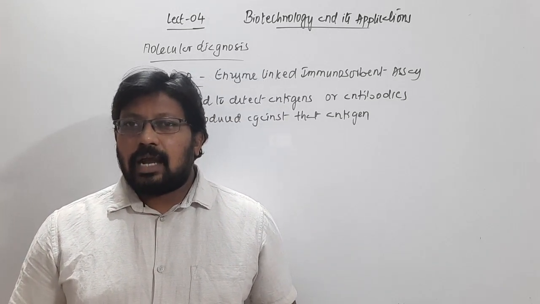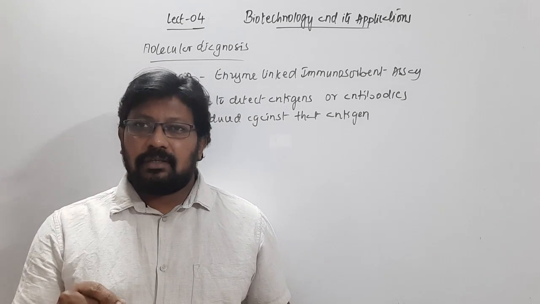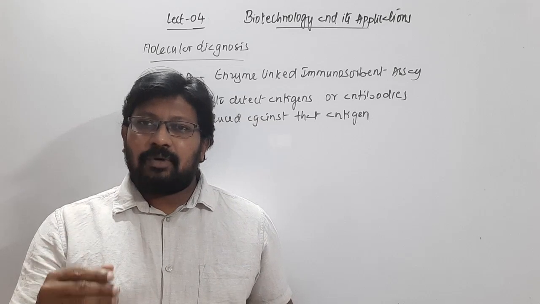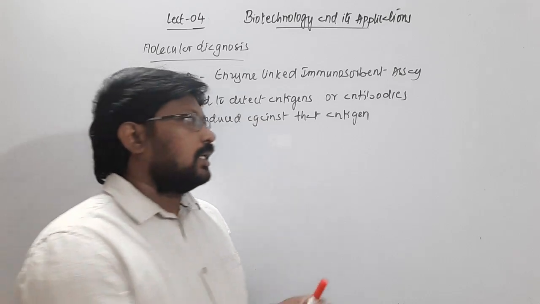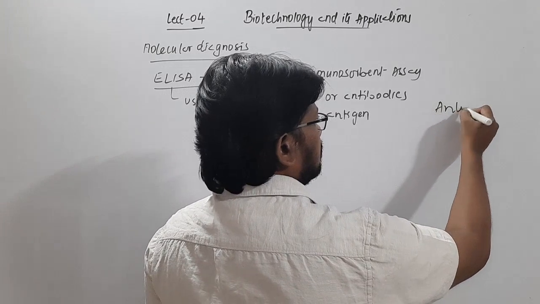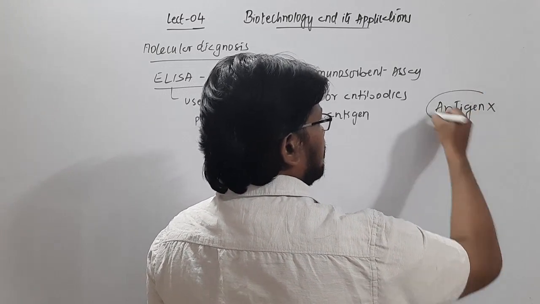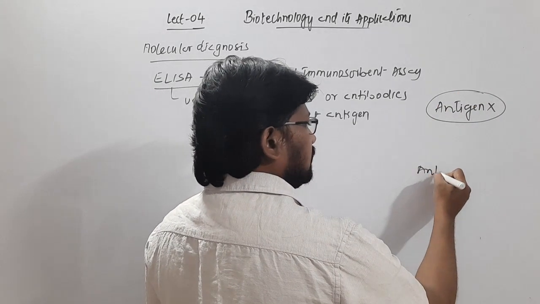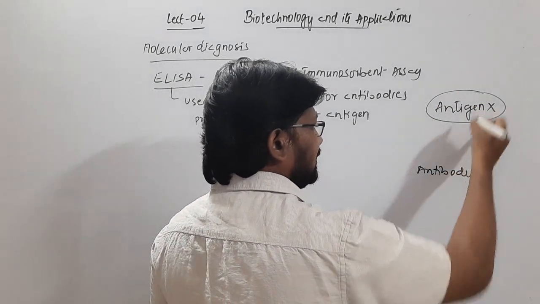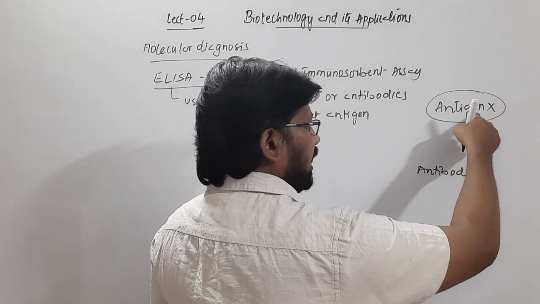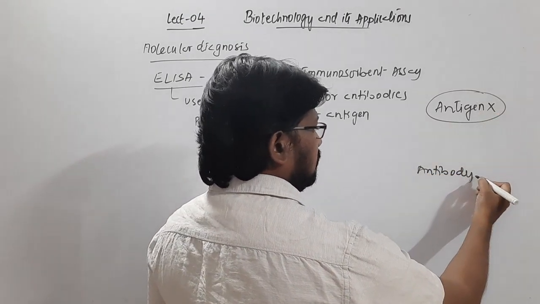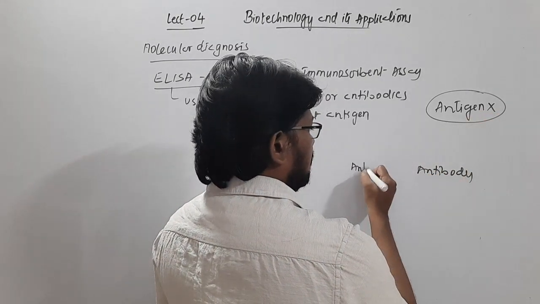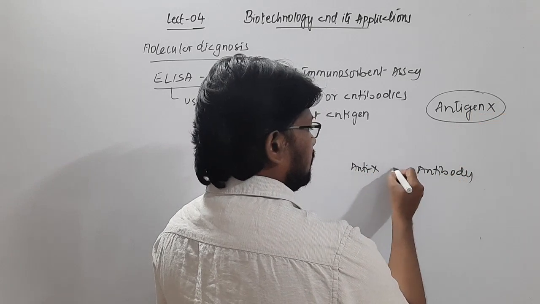I hope by this time you might have understood from the chapter Human Health and Diseases that a particular antibody is specific to that antigen only, right? So suppose antibodies are produced to antigen X. So antigen X is there in your body, right? And now an antibody is produced against this antigen X. That antibody I'll say is anti-X antibody.